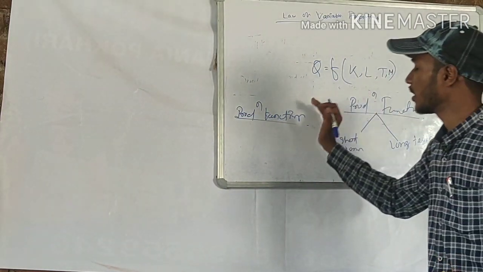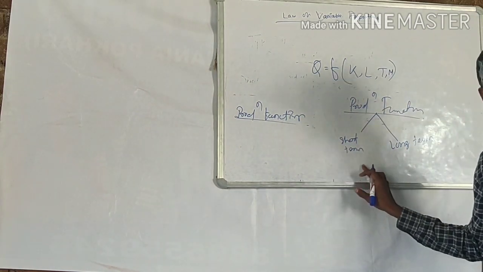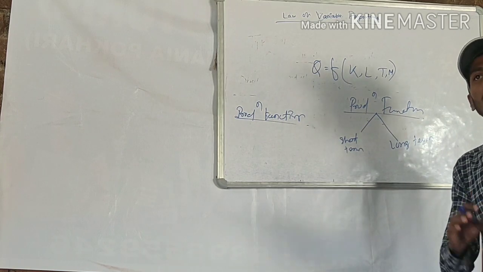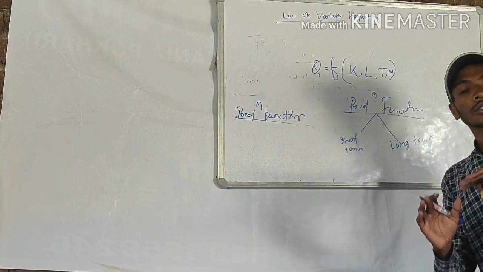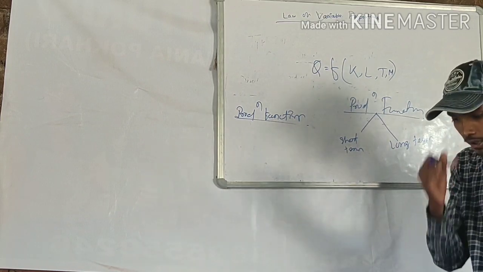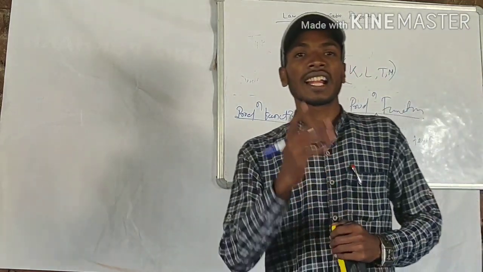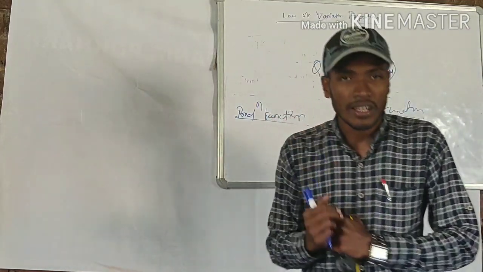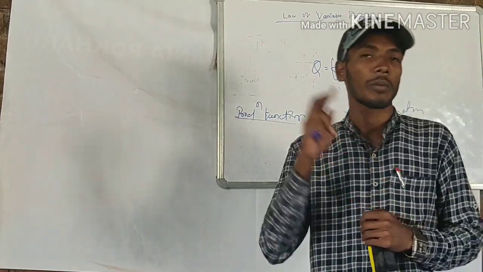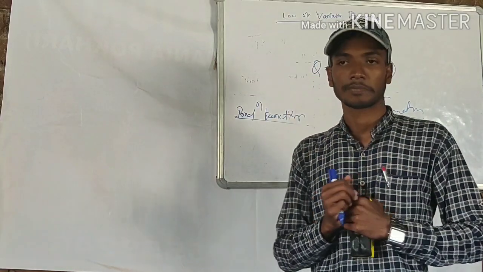In the short-term production function there are some fixed factors and some variable factors. While explaining the factors, there are two types: one is fixed factors and another is variable factors. Mostly we have to know about these two.